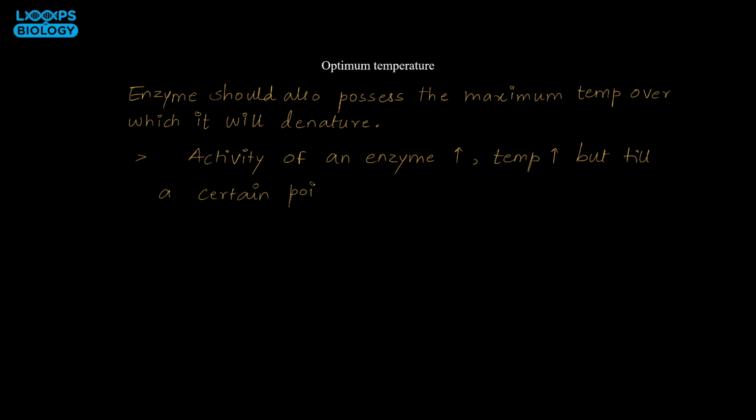All the enzymes in organisms are well developed in such a way that they are working at the optimum temperature, or the temperature present within the body of an organism. If you are considering human, it is around 37 degrees Celsius. So whenever all the enzymes are working inside a body, they have to be working at their best at 37 degrees Celsius itself.